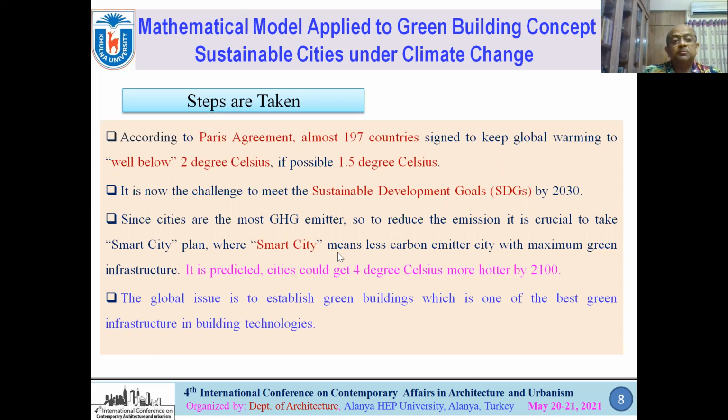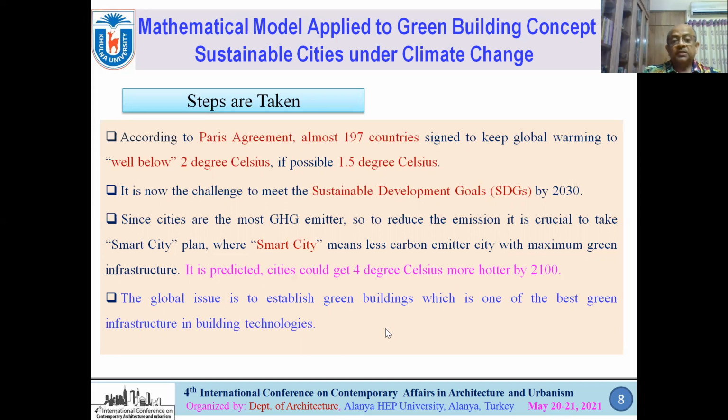Since cities are the biggest greenhouse gas emitters, to reduce this emission it is crucial to take a smart city plan. A smart city means a less carbon-emitting city with maximum green infrastructure. And it is predicted that cities could get 4.4 degrees Celsius hotter by the end of this century.